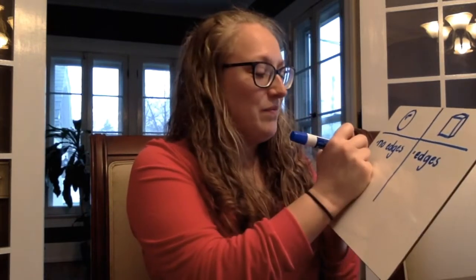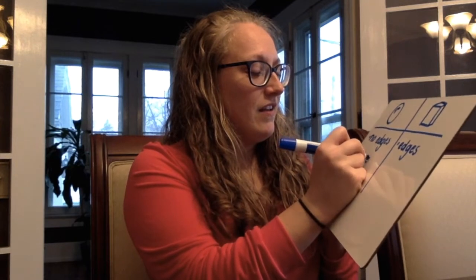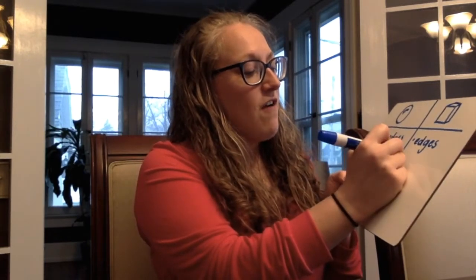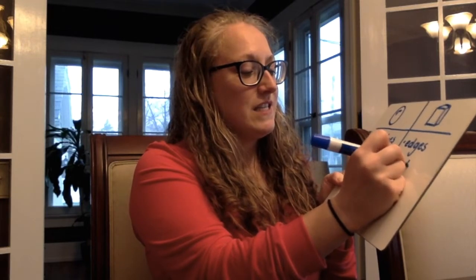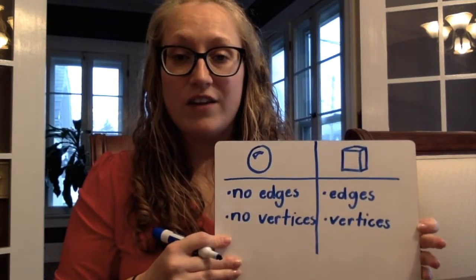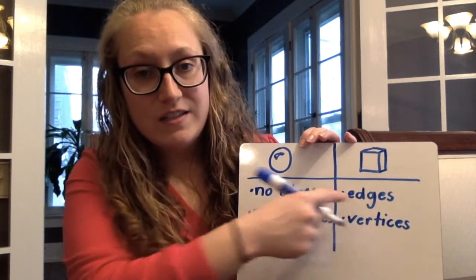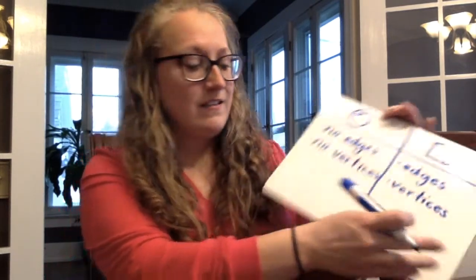I'll have to go get it. I can hear it rolling away. And I'm going to write vertices underneath cube, because it does have vertices. So these are the 2 things that we have found so far that are different: no edges, edges; no vertices, vertices.